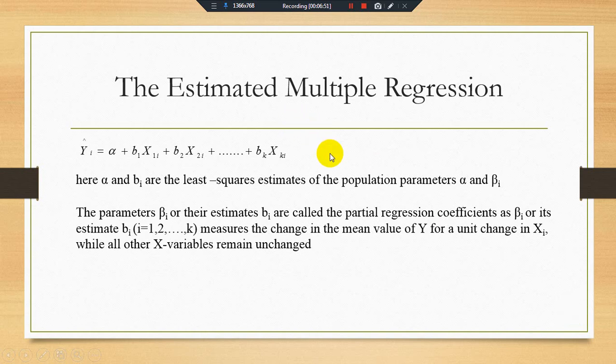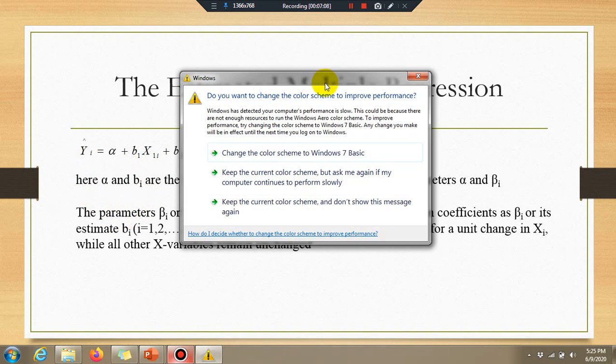So this reveals that every parameter beta 1, beta 2 individually or partially explains what percentage change in one independent variable brings how much change in the dependent variable.